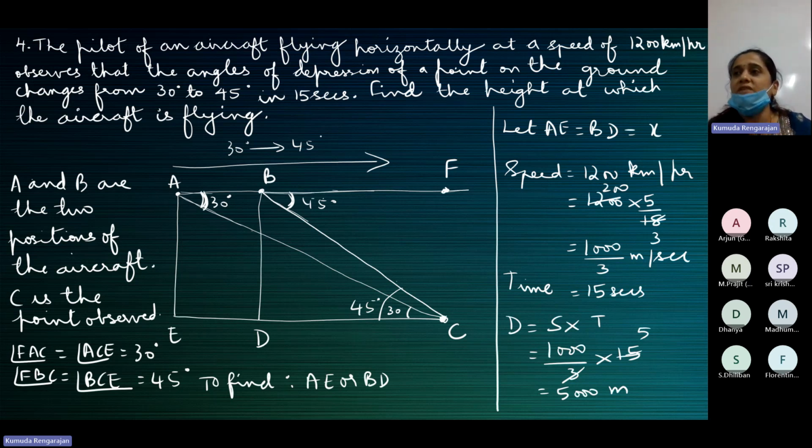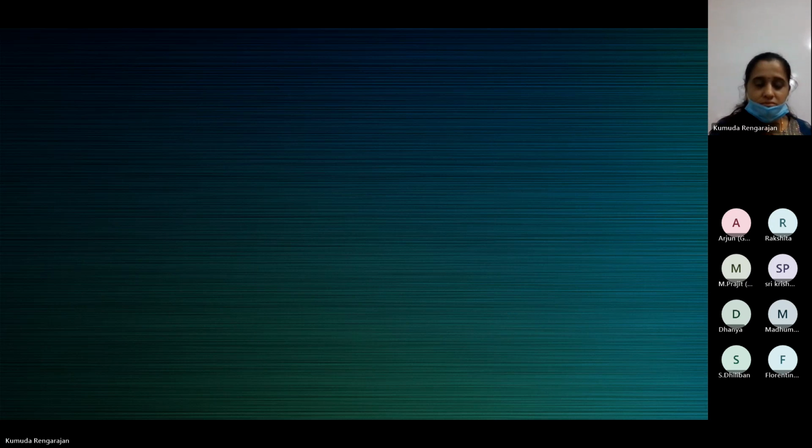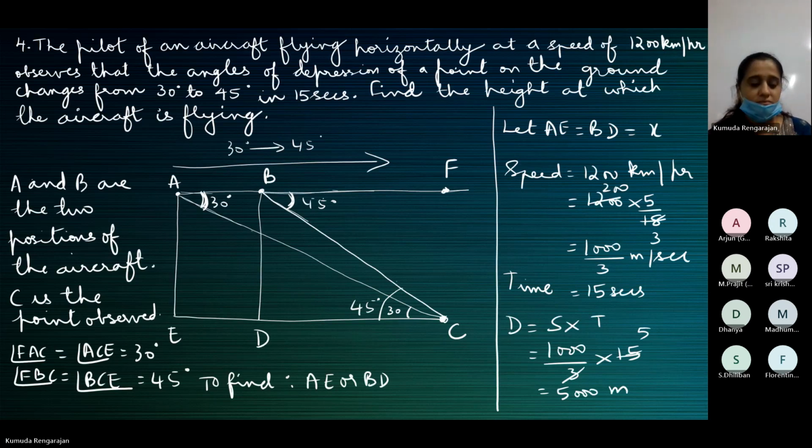That AB distance is 5,000. Correspondingly, the distance on the ground, ED, is also 5,000. Therefore, AB is equal to 5,000 meters. This implies ED is also 5,000 meters.